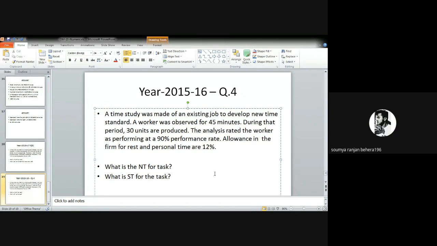So what was the PR we said? Performance rate is 90% PR.